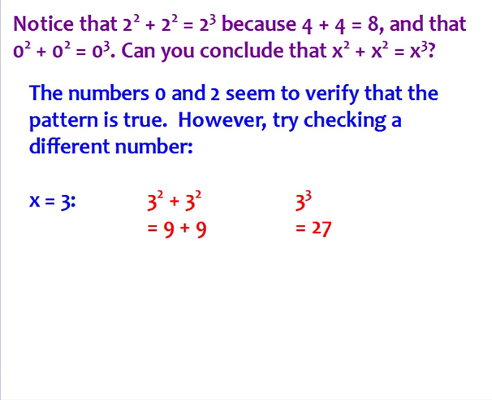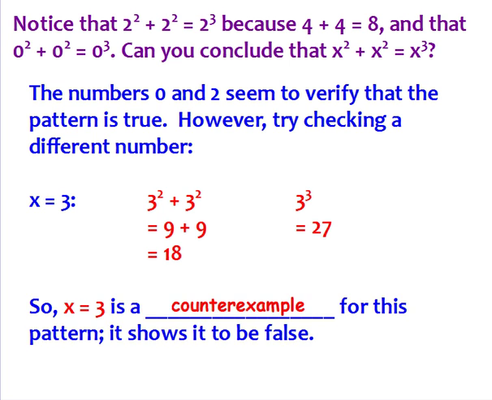So now I evaluate. I get 9 plus 9 on the left and 27 on the right, and 9 plus 9 is 18. So x equals 3 is a counterexample for this pattern because it shows it to be false. So if you were asked what is a counterexample for this, you would say x equals 3.